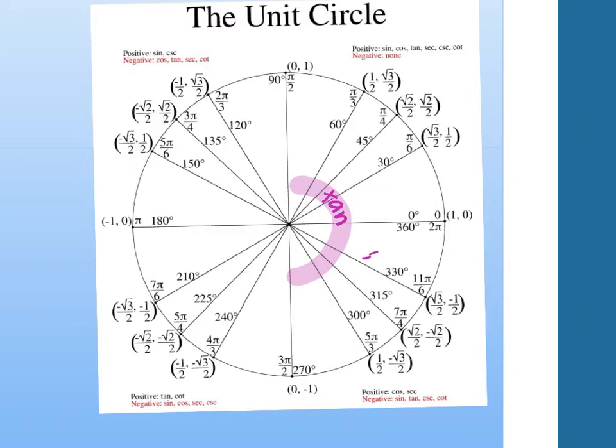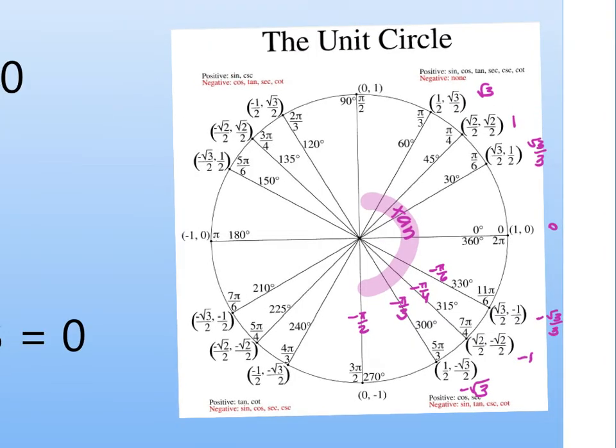And then I would add the negative pi over 6, negative pi over 4, negative pi over 3, negative pi over 2. And I would add on the tangents: 0, root 3 over 3, 1, root 3, negative root 3 over 3, negative 1, and negative root 3. Do at least that to make your life a little bit easier.